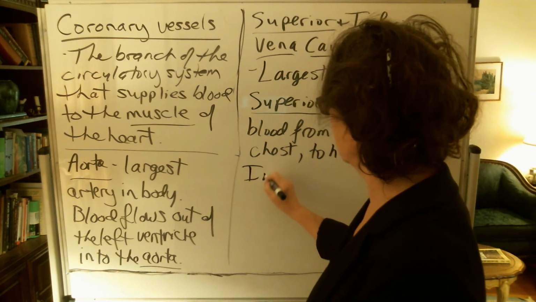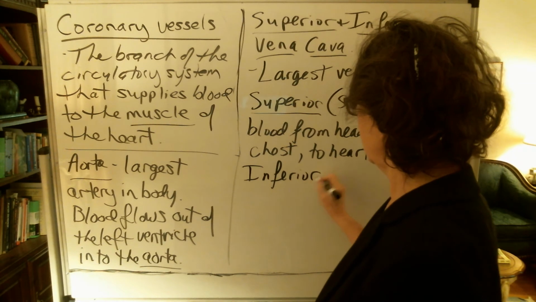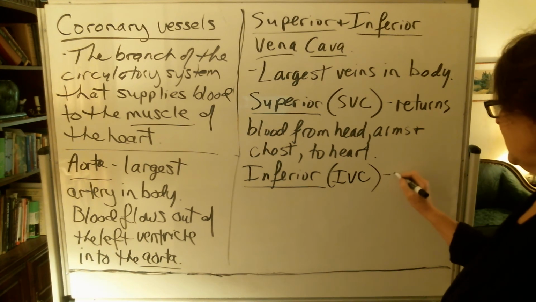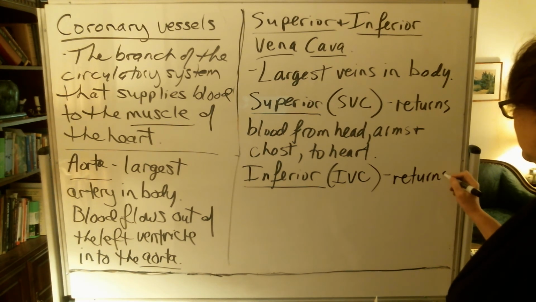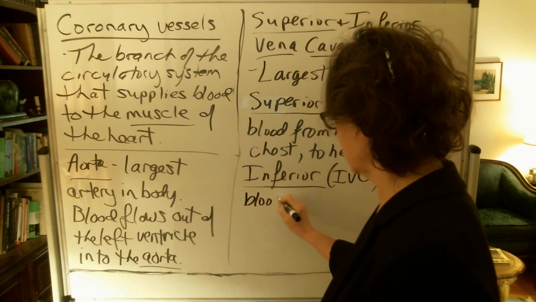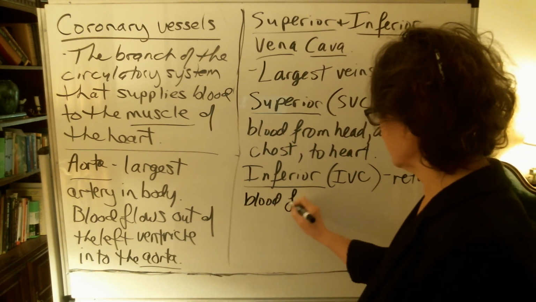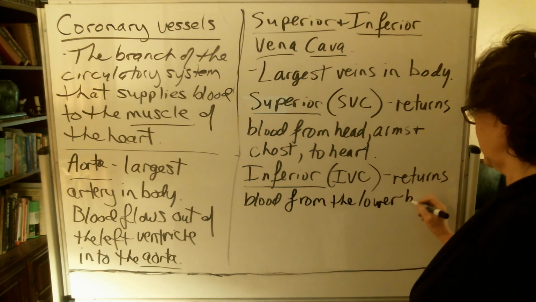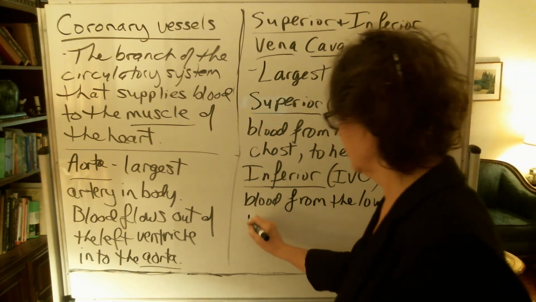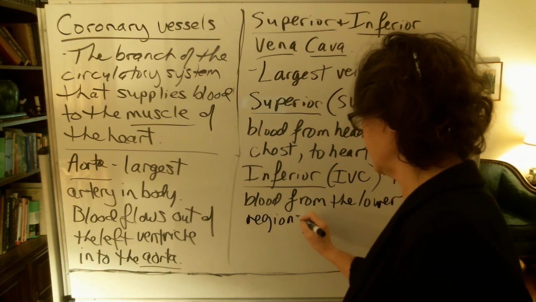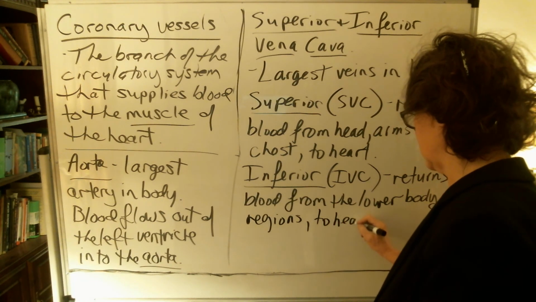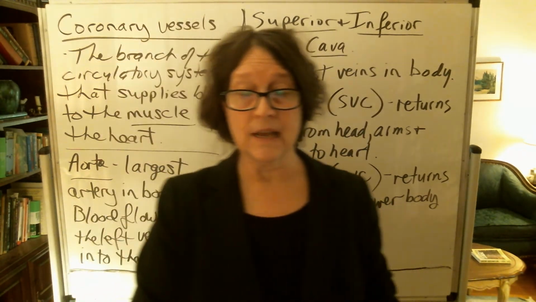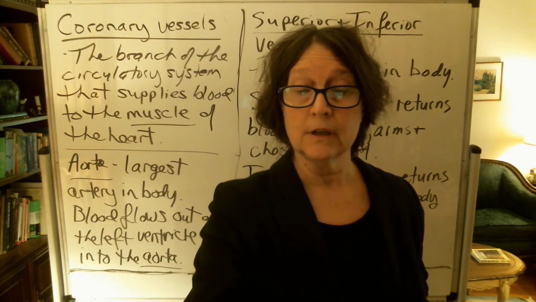And then the inferior vena cava, sometimes abbreviated that way, returns blood from the lower body regions to the heart. And that is the end of this lecture on your introduction to blood circulation.